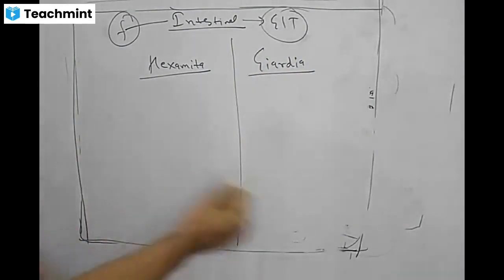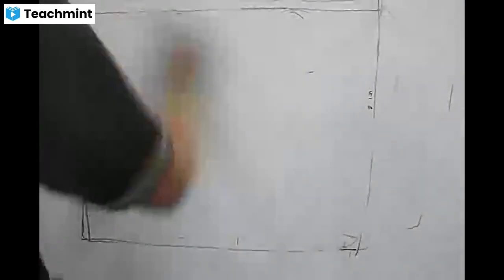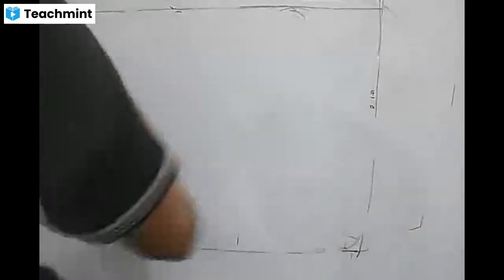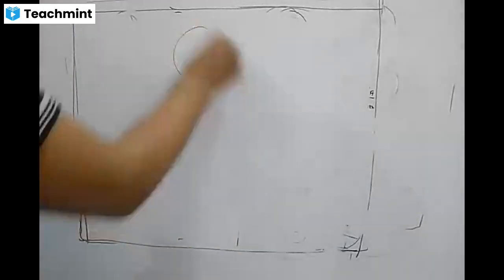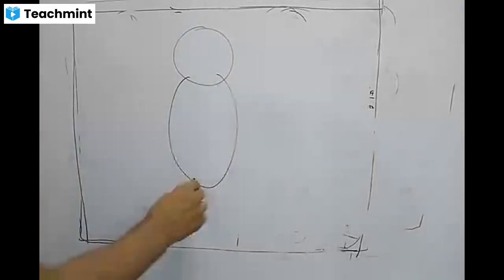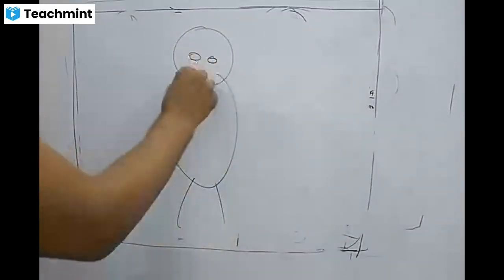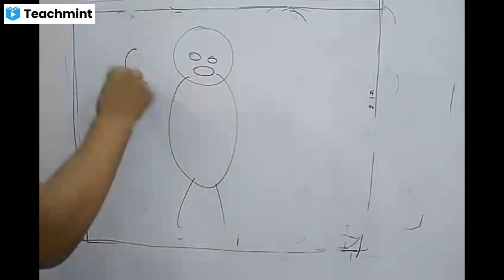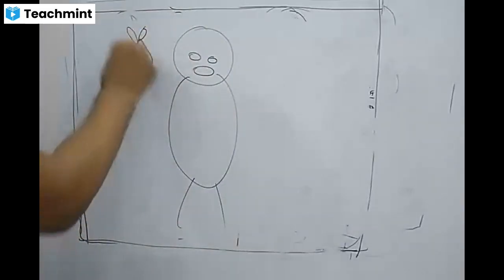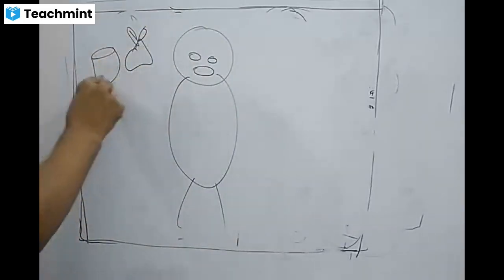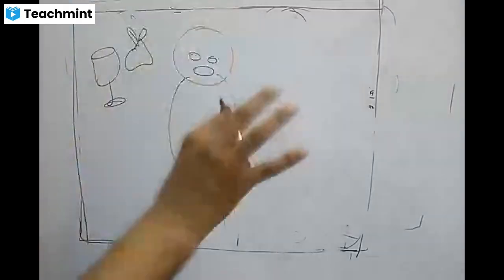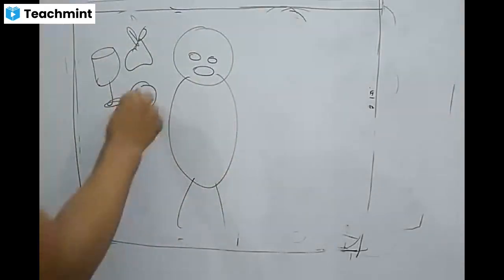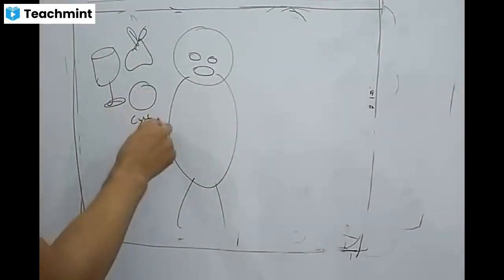Okay, let's start. The whole life cycle and the whole story of your Giardia is similar to your Entamoeba histolytica. In this case also you will find some food and water, and in this food and water, again the infective thing is your cyst.